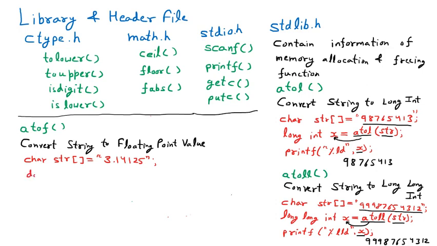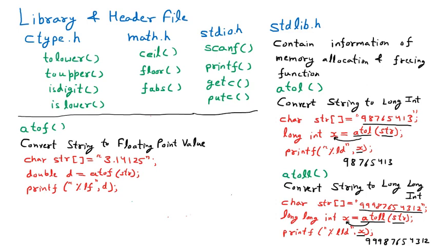Now we know that double we are taking, double d is equal to atof, convert string to float, and there we are passing the array str, and then we are printing printf %lf, that is for the double, comma d.